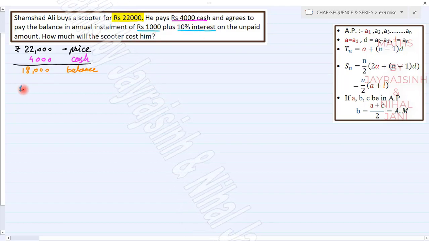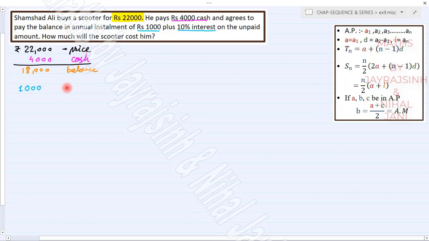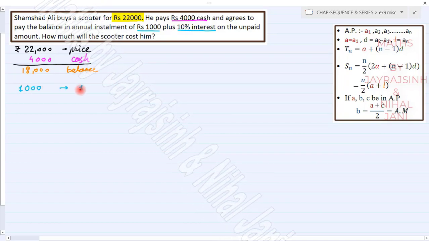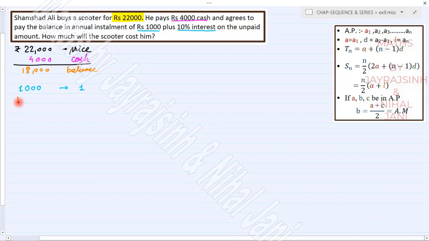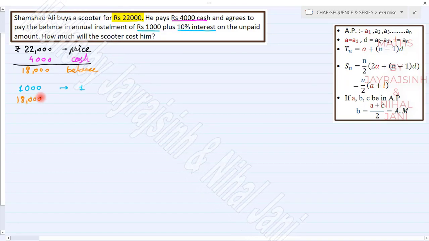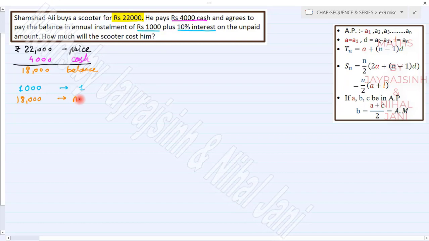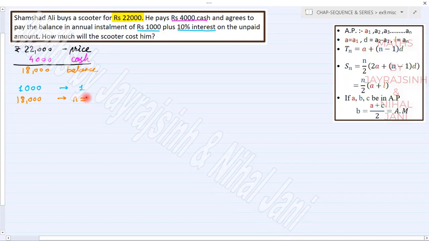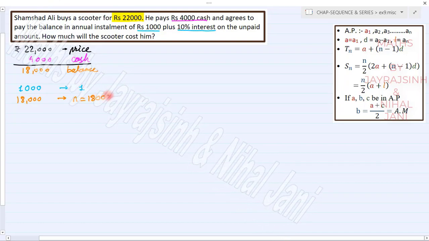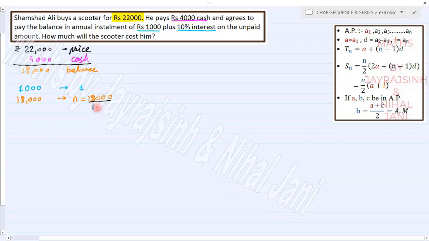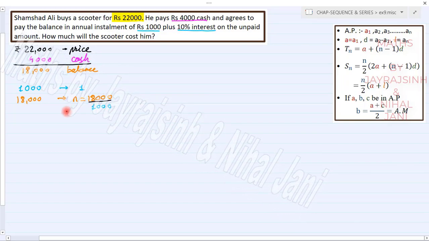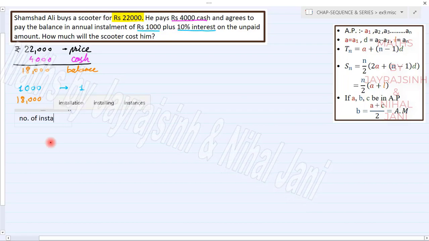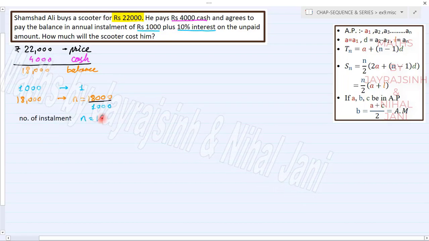To pay 18,000 rupees, we can calculate how many installments he will need by cross multiplying. So we get 18,000 upon 1,000, which gives the number of installments as 18.